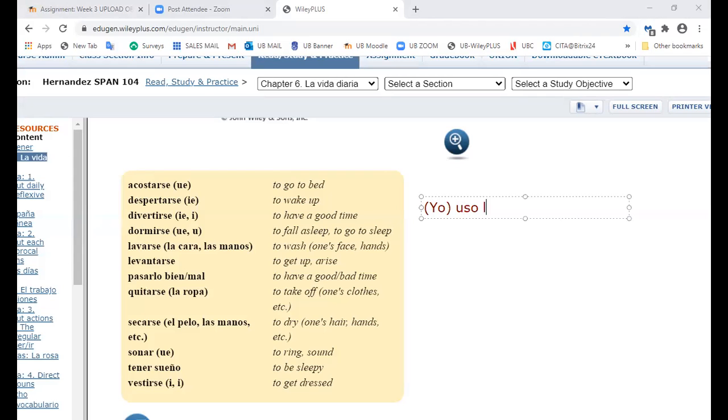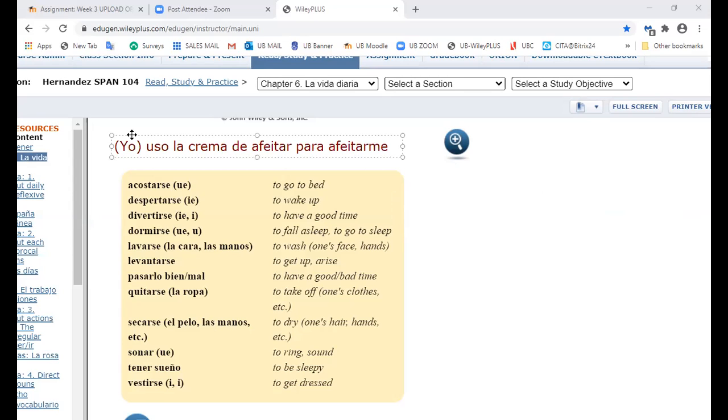Uso la crema de afeitar para, do you remember when I was saying that it could be attached or detached? Afeitarme. Notice that I have para in front of it, as in order to, or like the purpose of doing something.